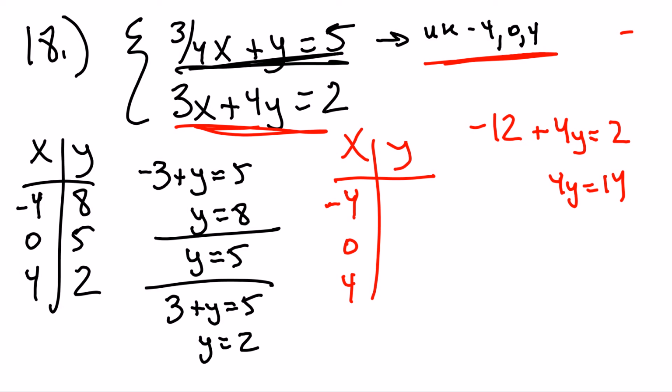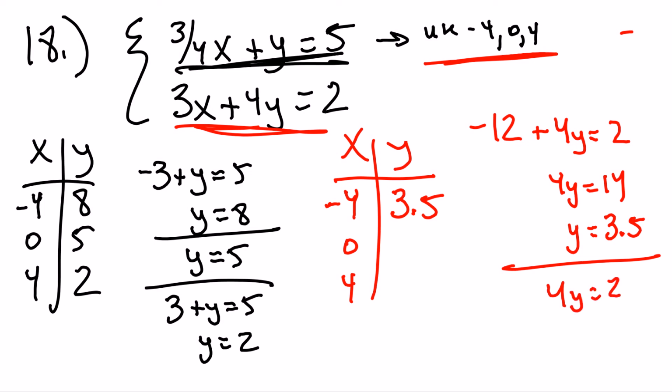I divide by 4, I get y equals 14 over 4 is 7 over 2, which is 3.5. I do 0. I get 4y equals 2, so I divide by 4, I get y equals 1/2, or 0.5. I think the next one is going to be negative 2.5, because I think it's going down by 3, so let's hope that happens.